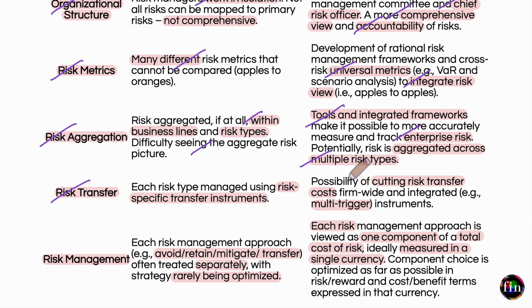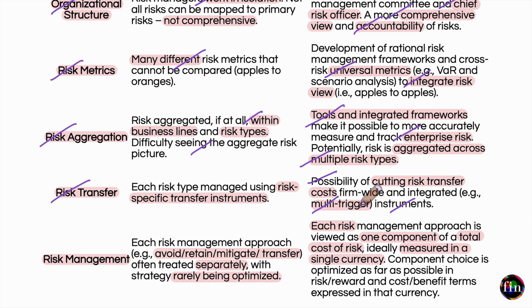When you come to enterprise risk management, because we are talking about a common currency of risk, because we are talking about risk at the aggregate firm-wide level, you can think of the possibility of actually cutting down your risk transfer cost by opting for those risk transfer instruments which are multi-trigger in nature.